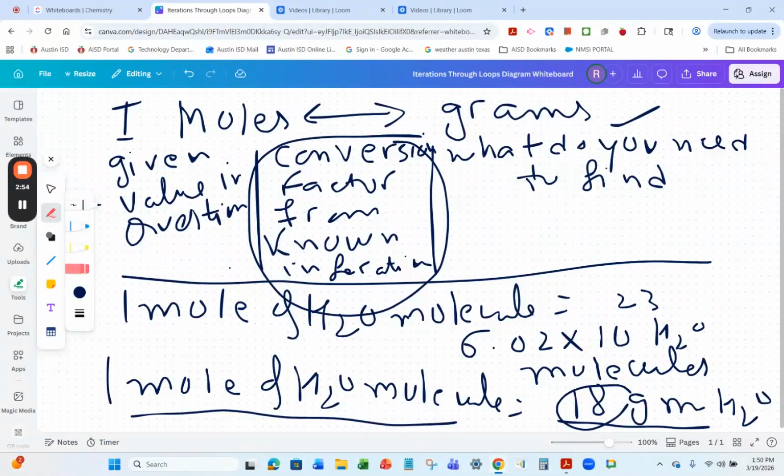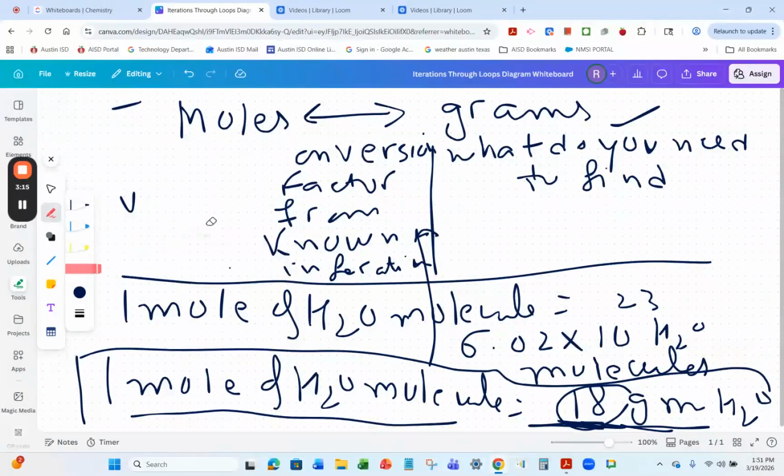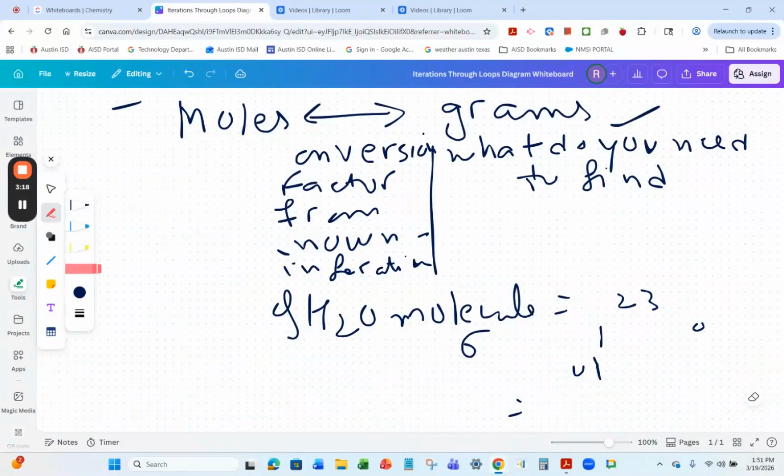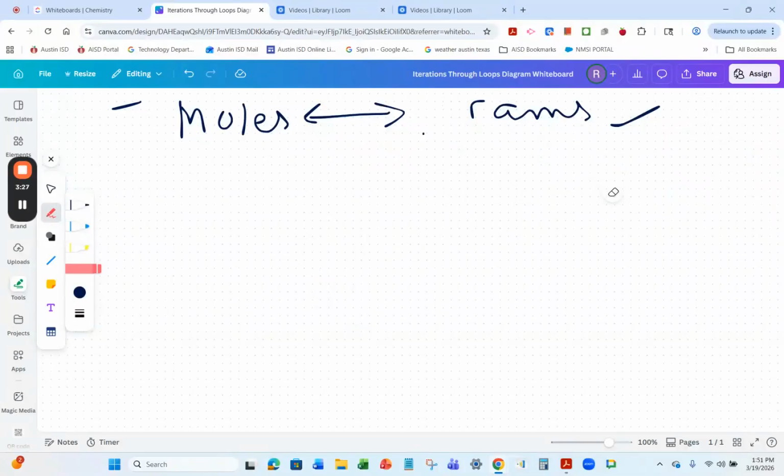So before you move on to the mole conversion calculation, you should practice how to find the molar mass of any given molecule. Your focus will be this one for your middle column, conversion factor. Let me show you the example of how to convert moles into grams or grams into moles, vice versa.